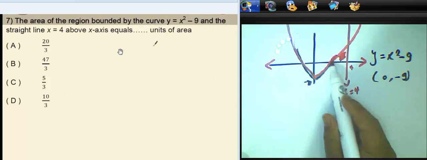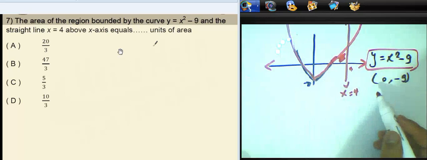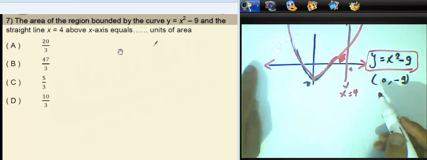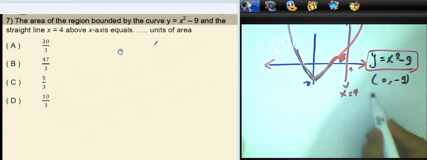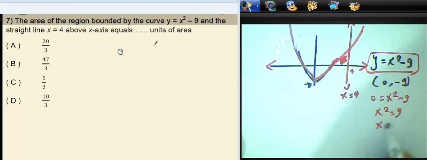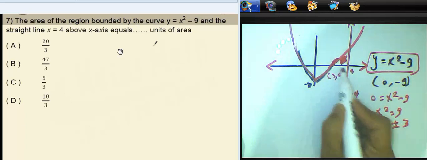We must find this point by putting this function equal 0. If you want to find the point where the curve intersects the x-axis, we must put y equal 0. 0 equals x power 2 minus 9, then x power 2 equals 9, so x equals positive or negative 3. Then this point will be 3 and 0.